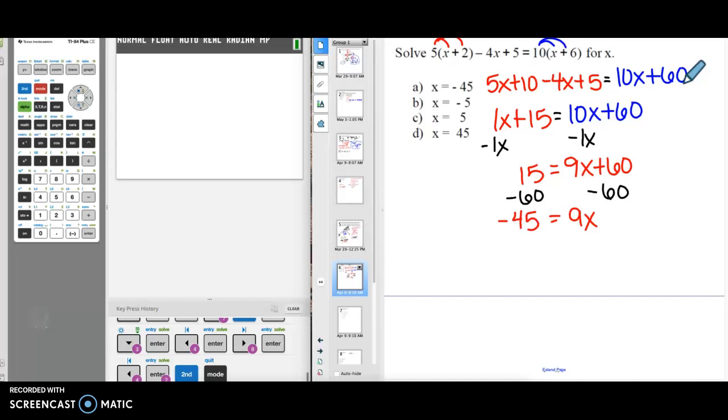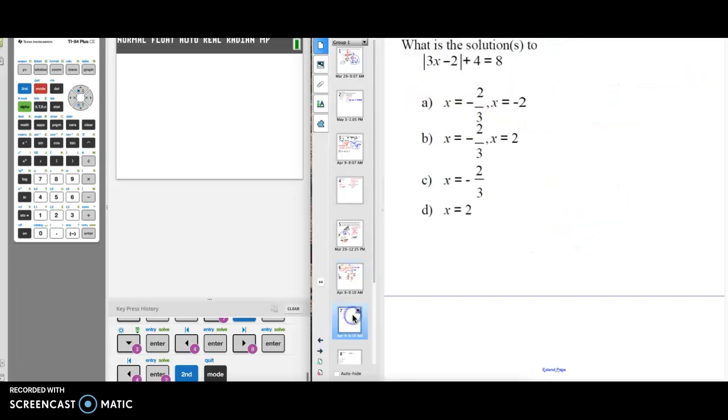And then divide by 9. X equals negative 5. Right, so just remember, I guess this one would be a gentle reminder for parentheses come first. When you're solving to move things around, it kind of goes backwards there.